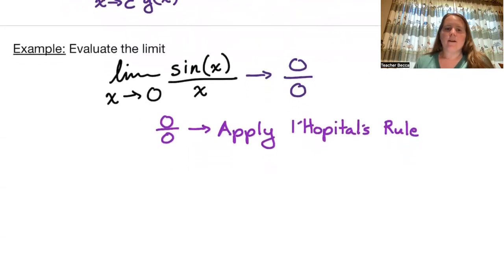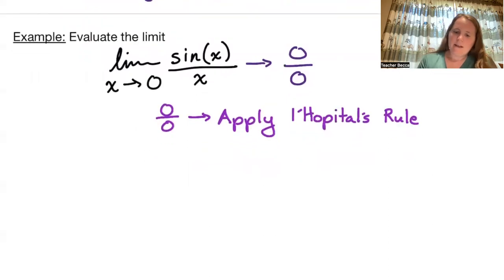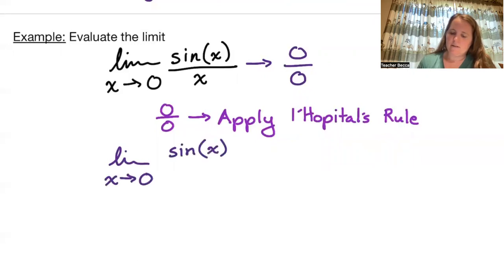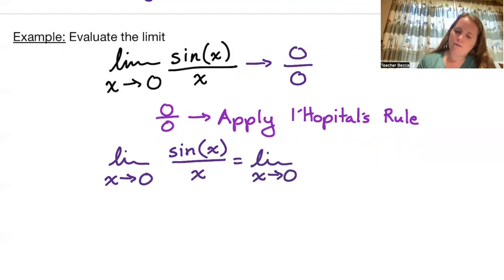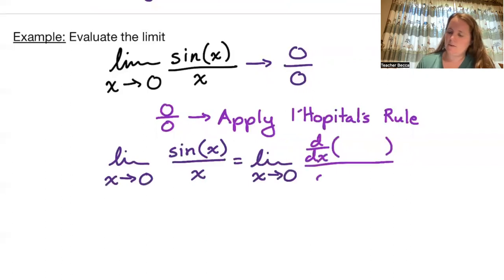So the limit as x goes to 0 of sine of x over x is equal to the limit as x goes to 0 of the derivative of sine of x over the derivative of x.